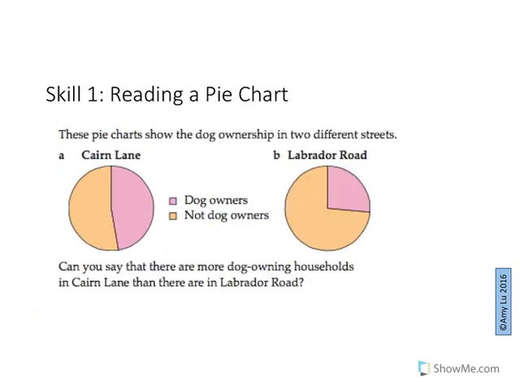Let's move on. Okay, so now the second question is, these pie charts show the dog ownership in two different streets. There's Cairn Lane and Labrador Road. The pink represents the dog owners. The orange represents how many people are not dog owners.